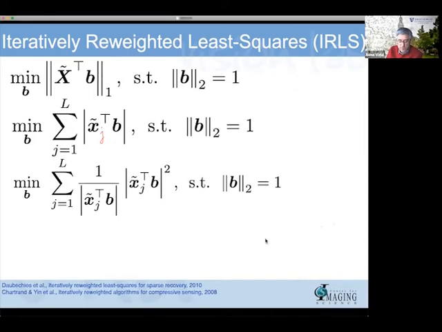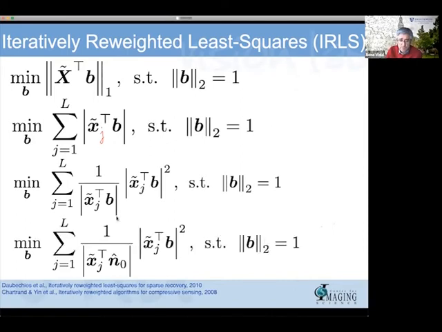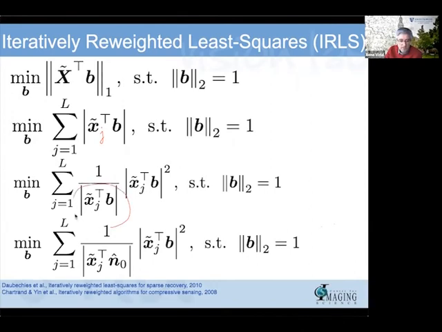And once we do that, starting from some initial normal, we can consider this as a weight and make this weight fixed. And once we do that, the objective is now quadratic. So this is now the sum of weighted square distances subject to a unit norm constraint.